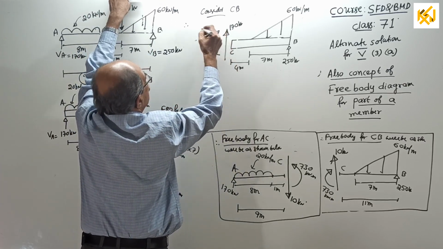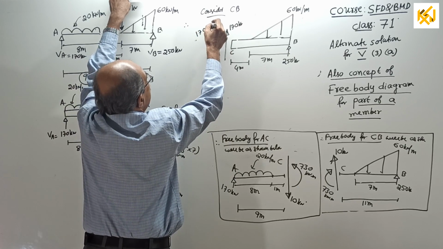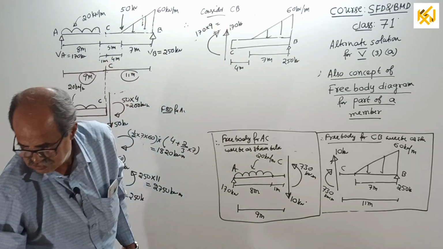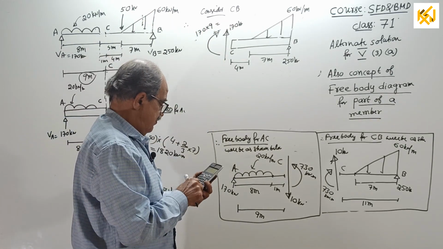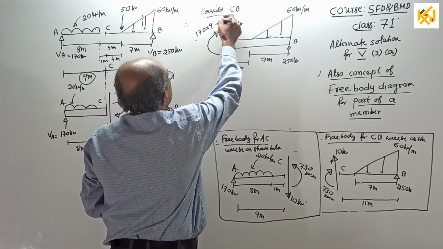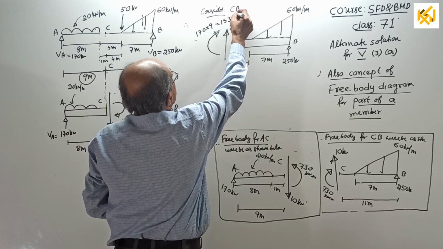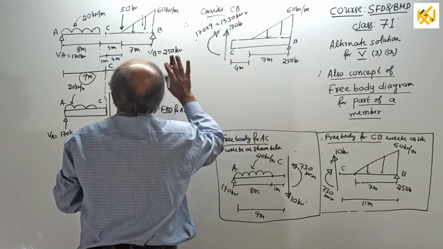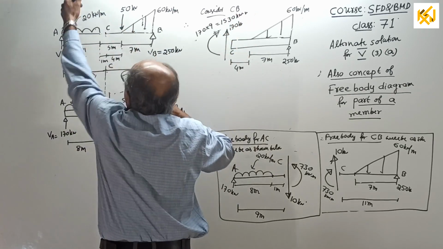Along with a couple of 170 into 9 equal to 1530 kilonewton meter.